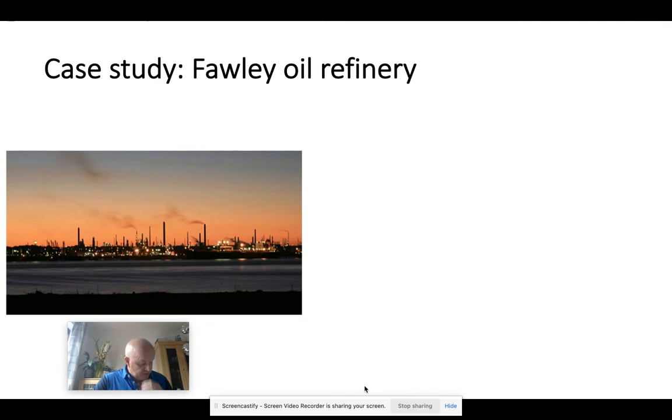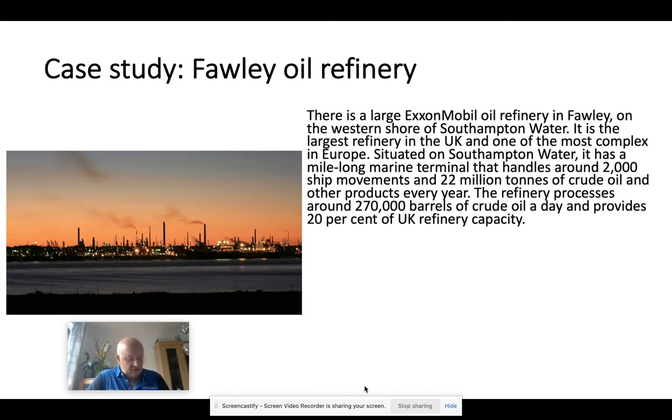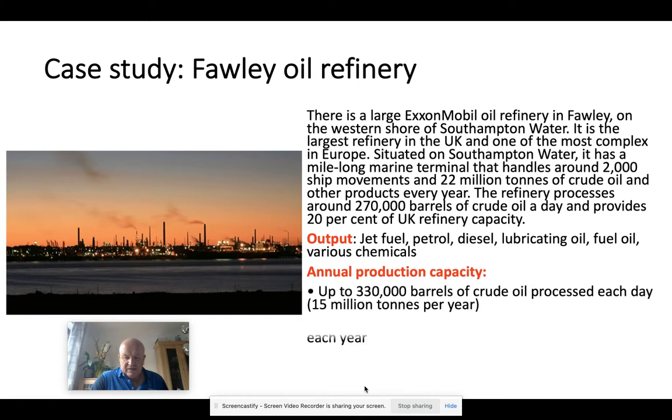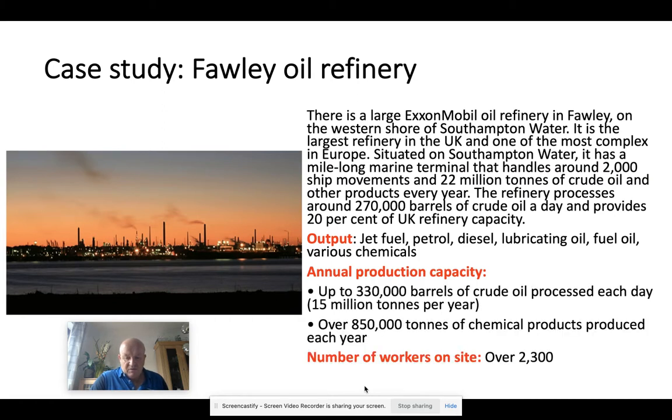So there's the case study of the Fawley Oil Refinery, which, for any of you that know the area reasonably well over towards Hampshire, there is a massive ExxonMobil oil refinery based in Fawley. You'll see that there is some case study material for you to take a look at, and also some details on their production capacity, what they output, and the number of workers on site.